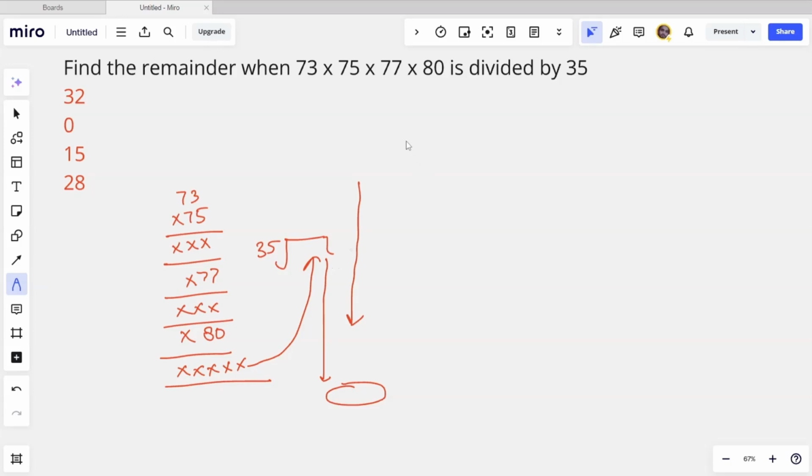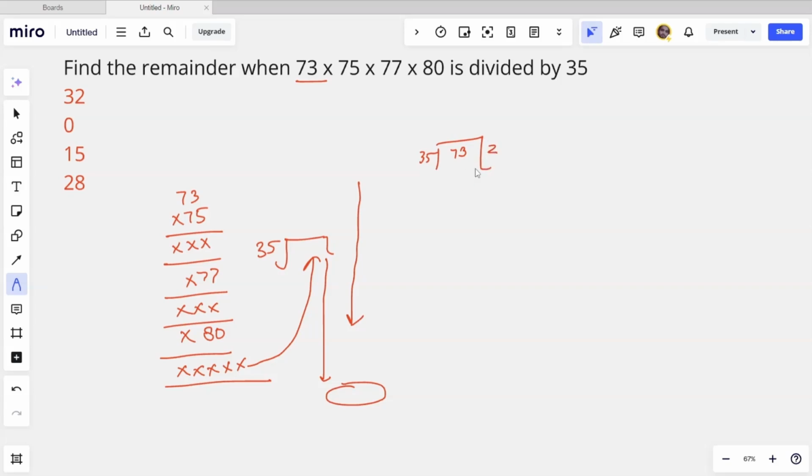So we will solve this by another approach, which is aptitude. What we will do is simply divide each number by 35 first. If we divide 73 by 35, what will be the remainder?